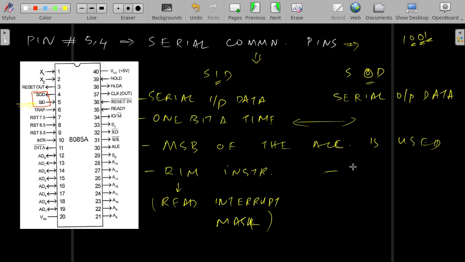Similarly, here we use the SIM instruction. And what does SIM stand for? Set interrupt mask.